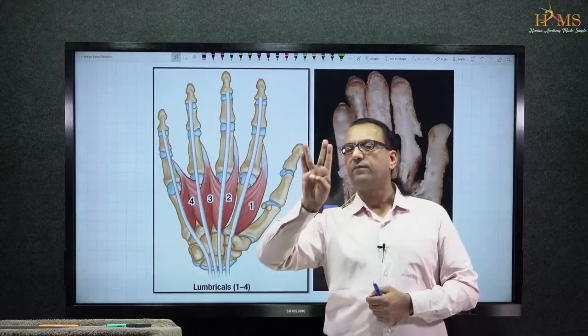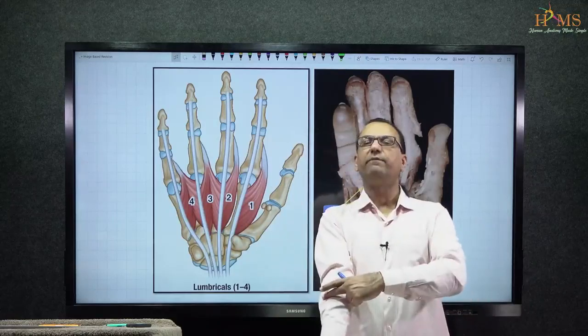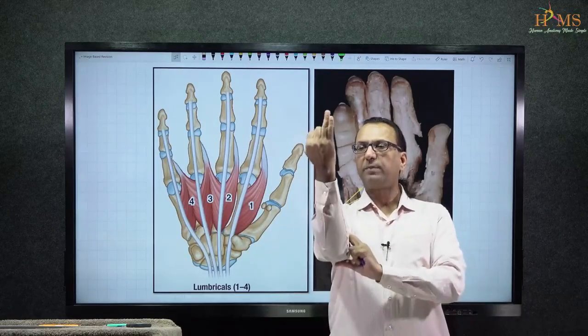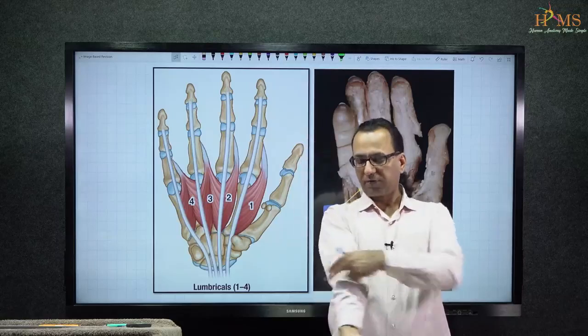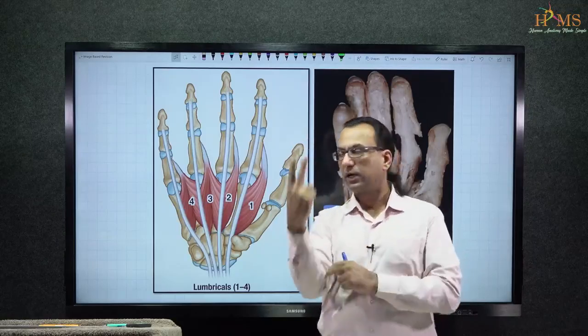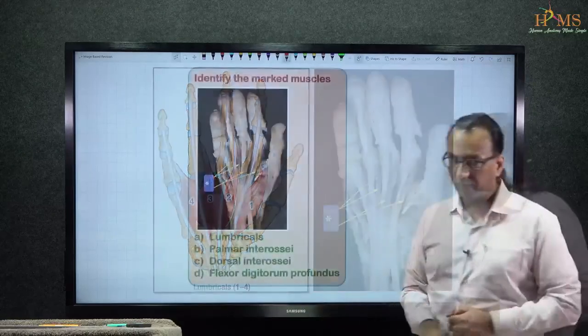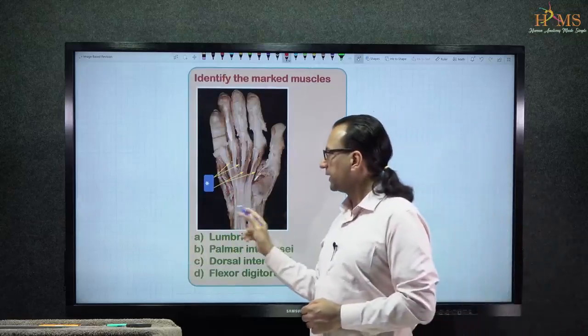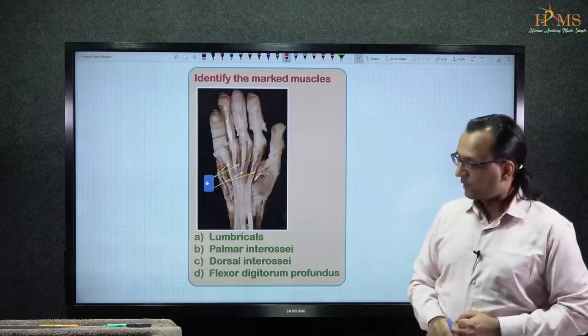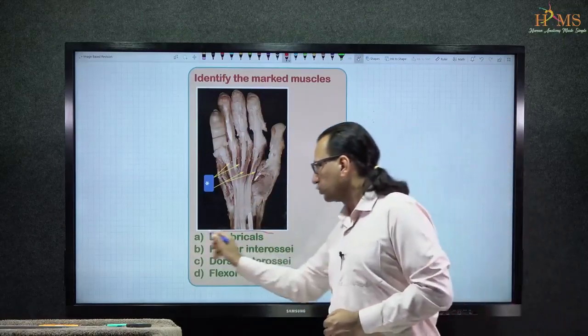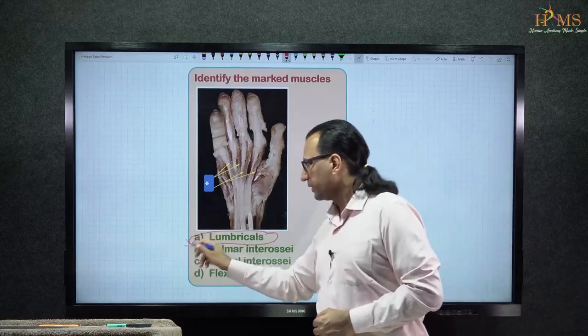All of them come from the flexor digitorum profundus, which is a hybrid muscle, the medial half supplied by the ulnar nerve and the lateral half supplied by the median nerve as such. So as we can make out, coming from the tendons of FDP, there are 4 lumbricals. Our answer should be choice number A here.